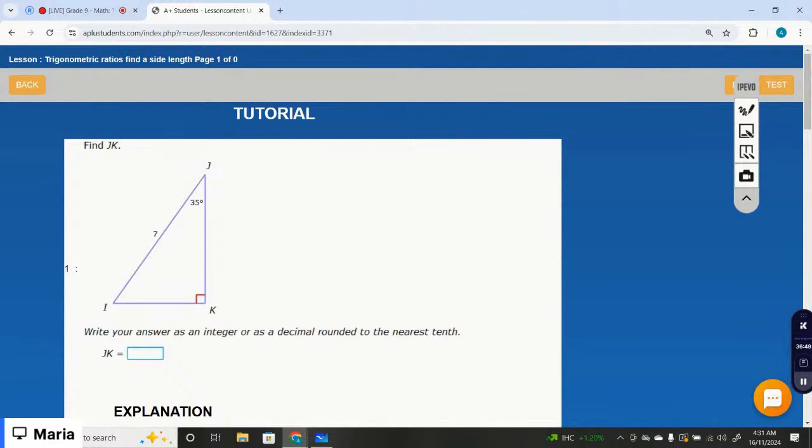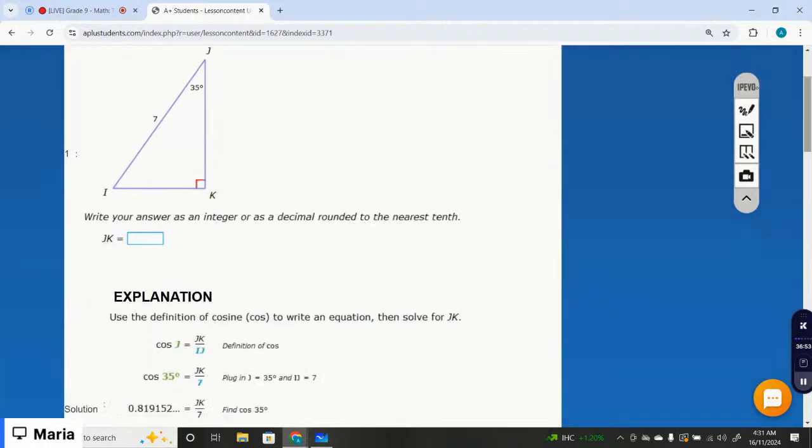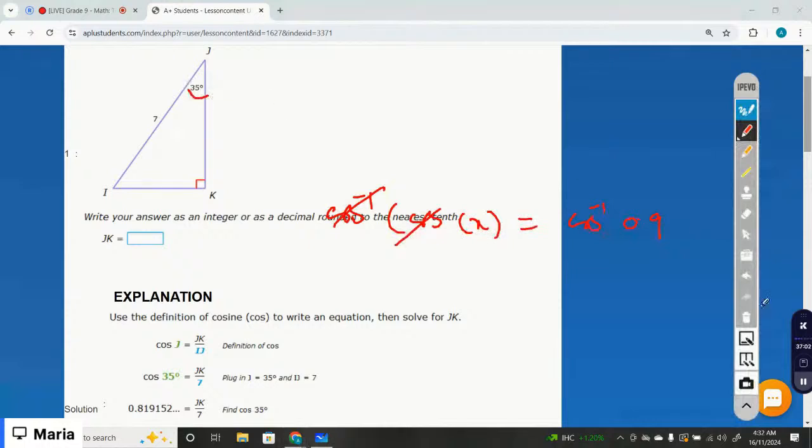Find JK. You are given a triangle, you have to find JK. Here is angle J. So cos J equals JK divided by IJ. You are given J equals 35 degrees.